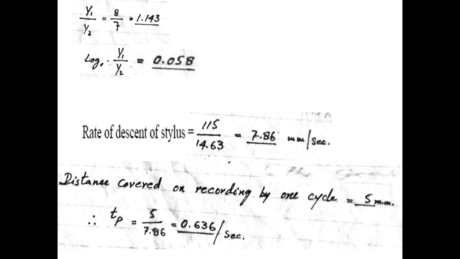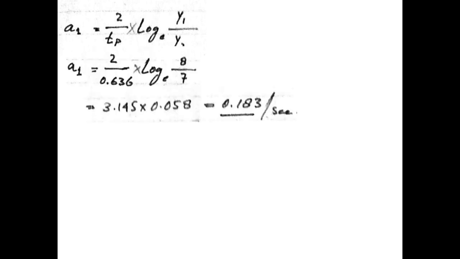From these values we can find the value of A1, which is equal to 2 upon the periodic time multiplied by the logarithmic decrement. So A1 is equal to 0.183 per second.